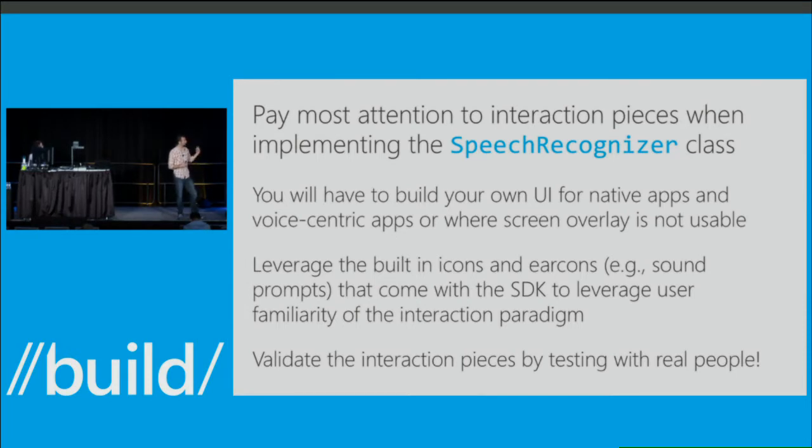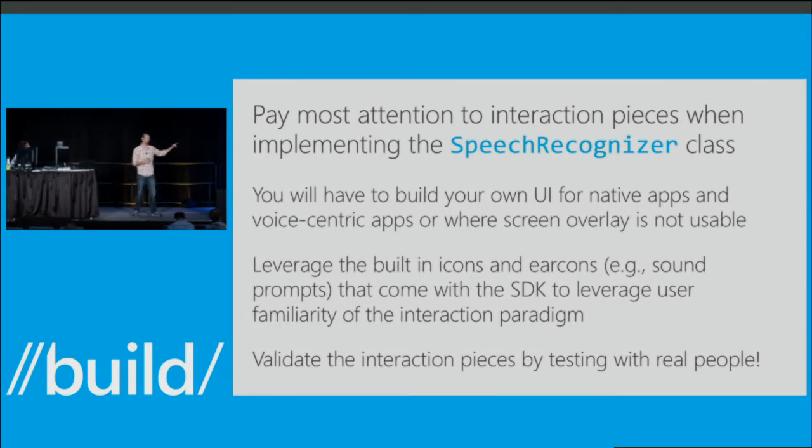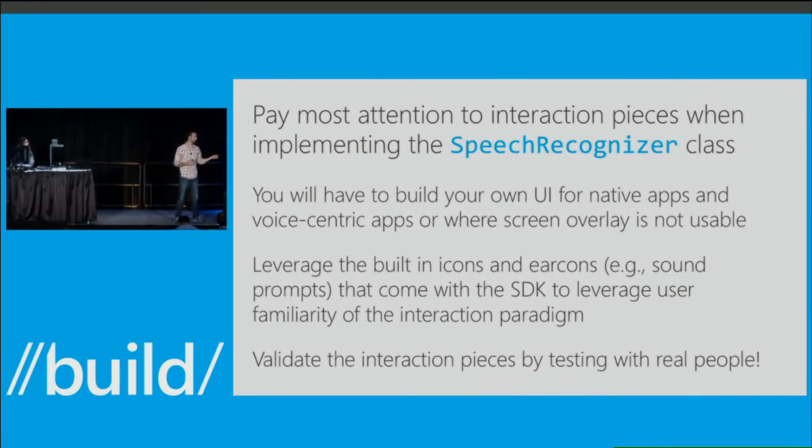Now, there are some things that you should know as well. There are the icons for the mic, for example. That actually comes with the SDK for Windows Phone 8.0, and so that's a great thing to automatically take and leverage. There are also earcons in there as well. These are sound files, the listening sound and the done listening sound, earcons that you can leverage inside your app.